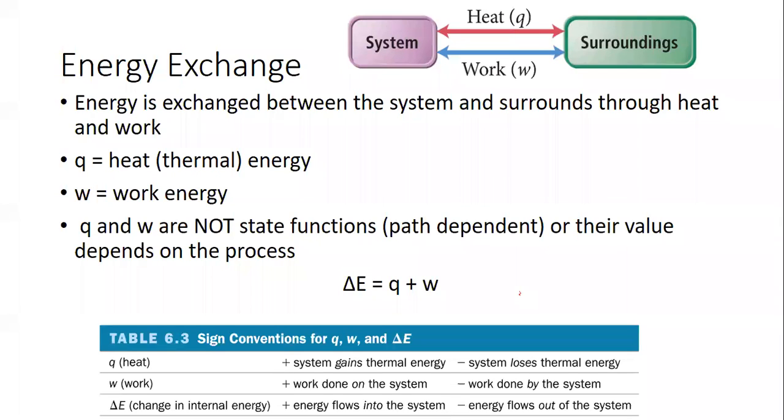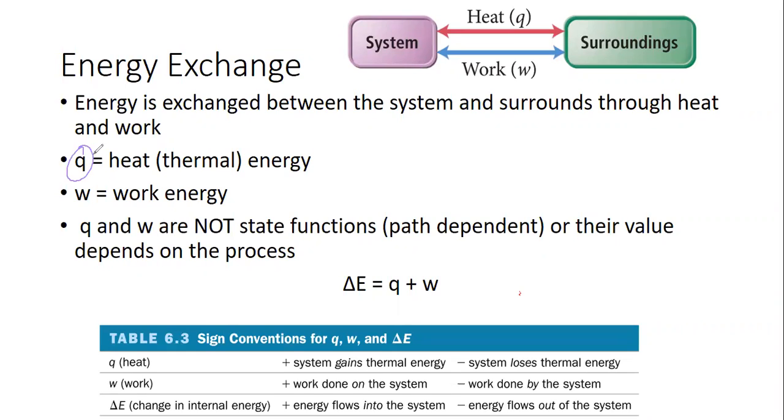Now let's talk about how systems and the surroundings actually exchange energy. The way that energy is exchanged is through either heat or work, and we call that Q and W. Another thing to note in chemistry, you're going to see Q when you go on to Gen Chem 2 as well.